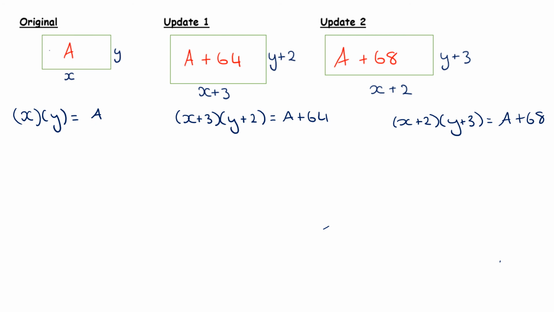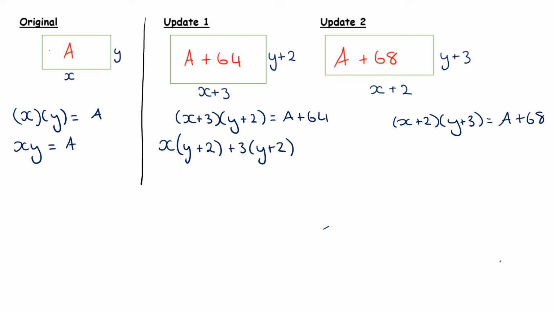Now, we have xy equal to A. Let's multiply out what we get for update 1 and update 2. So let's split our bracket, x times y plus 2 plus 3 times y plus 2. I'm going to ignore the right-hand side just for a minute. I get xy plus 2x plus 3y plus 6 equals A plus 64.